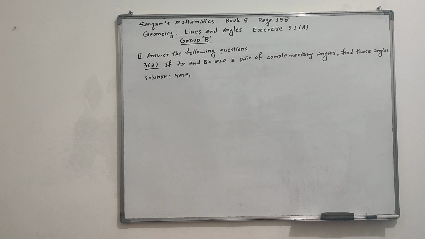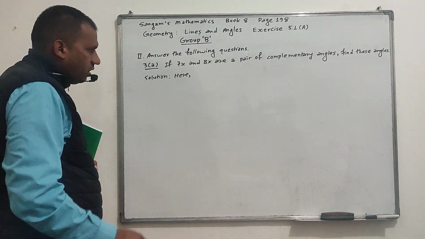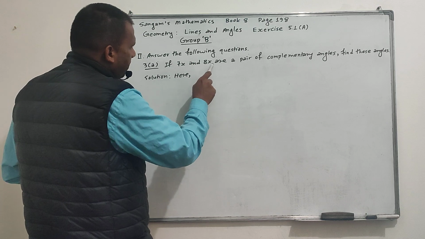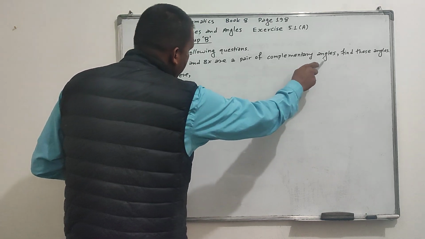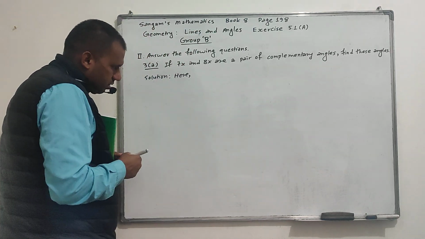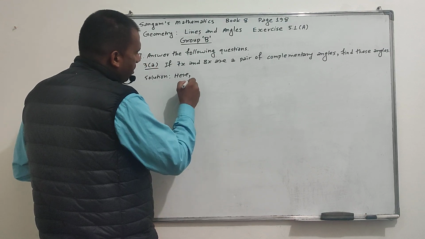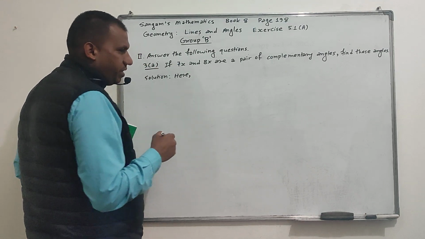Okay students, now question number 3a. The question is, if 7x and 8x are a pair of complementary angles, find these angles. Since they are complementary angles, their sum is 90 degrees.